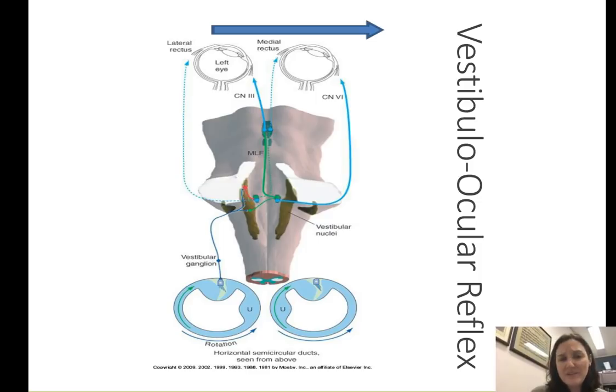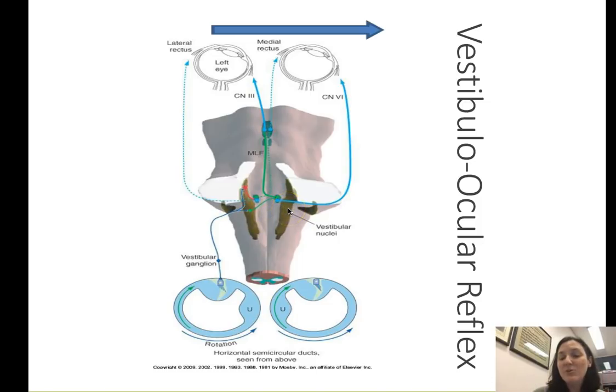So what happens in the vestibulo-ocular reflex? This is primarily a reflex that involves the vestibular system, in particular the horizontal semicircular ducts in the inner ear. When you turn your head, input comes from the vestibular system via the vestibular ganglion and then to the vestibular nuclei.